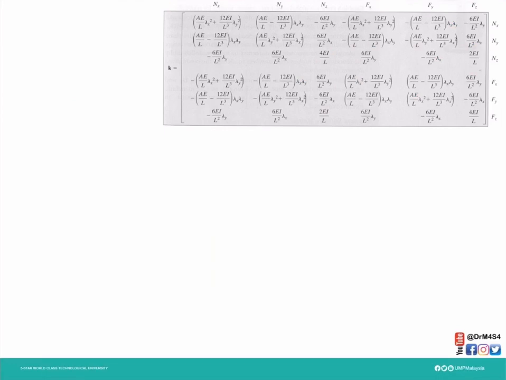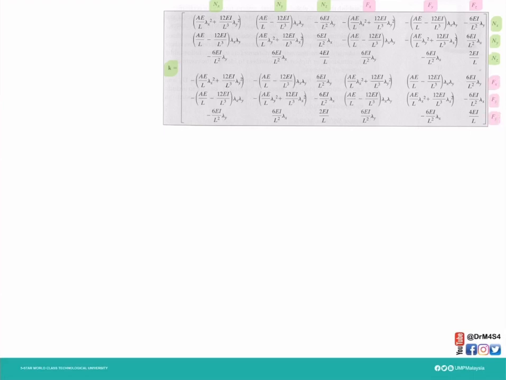Next, we have to assemble our member stiffness matrix by using this formula for member stiffness matrix. As you can see here is nx, ny, nz, and this one is fx, fy, fz. Similarly on this side, nx, ny, nz, fx, fy and fz.